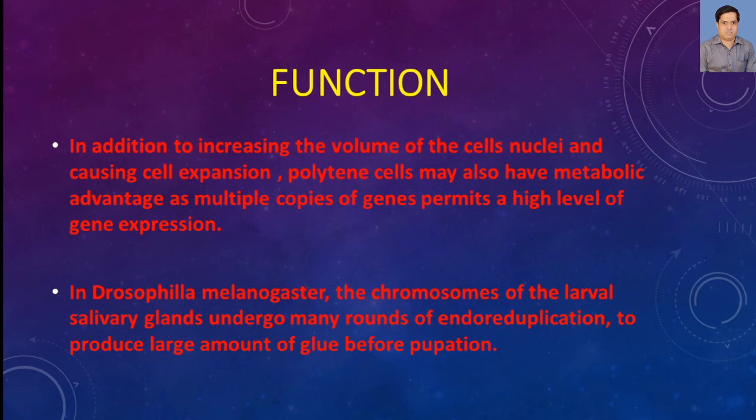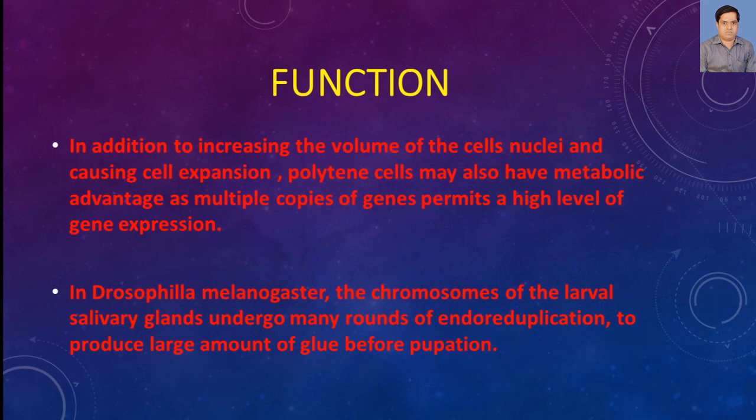These polytene cells may also have a metabolic advantage. They are not formed only for increasing the size of the cell. They have certain metabolic advantages, because multiple copies of genes are formed.